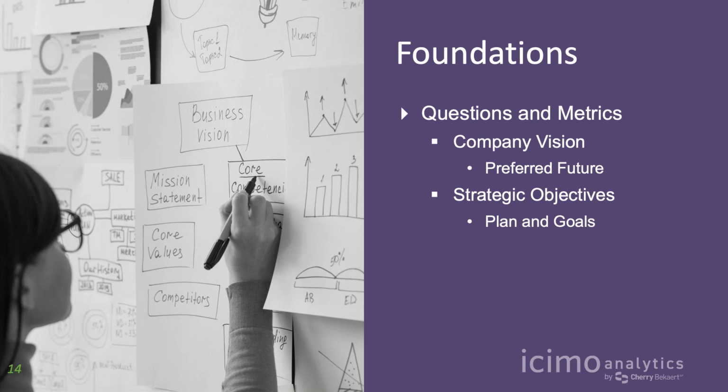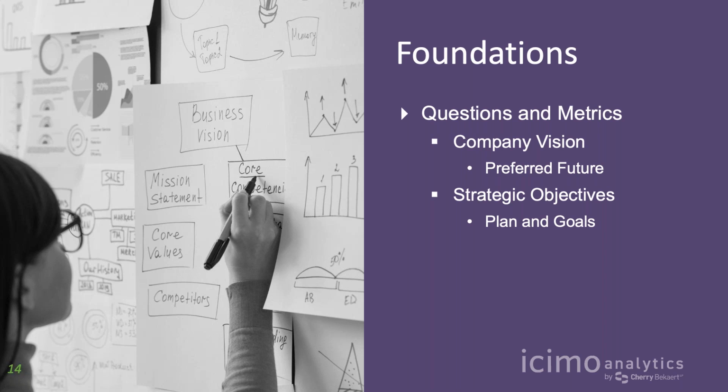So the first foundation is to stay completely away from technology. It's to think about questions. It's to think about the questions that your business will be better off knowing the answer to on a regular basis, and understanding that the answers to those questions lead to metrics.